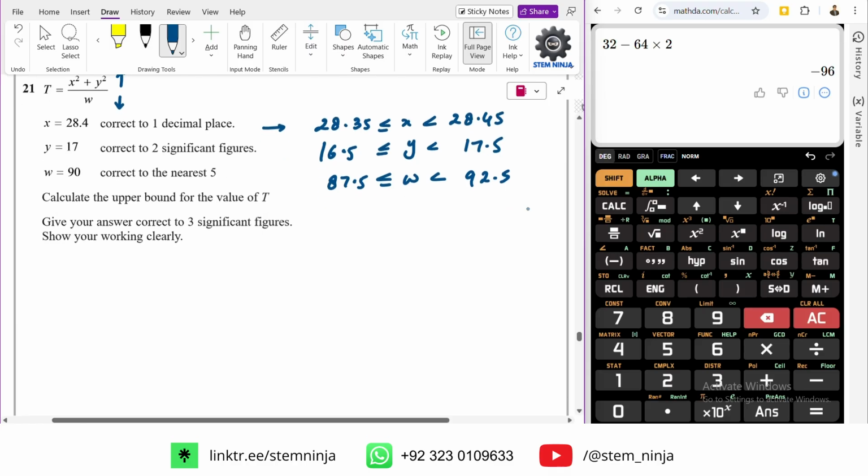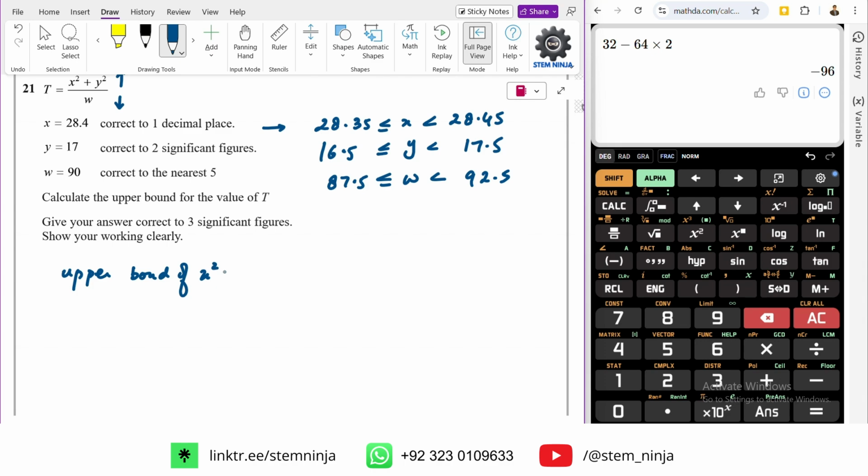Okay, so this means that we need the upper bound of x squared plus y squared. So that means we will choose the upper bound values, 28.45 whole squared plus 17.5 whole squared.